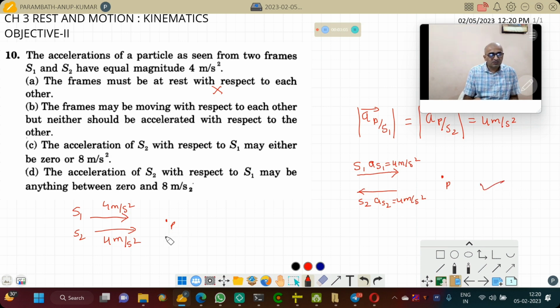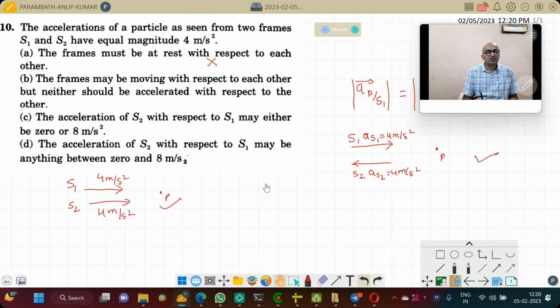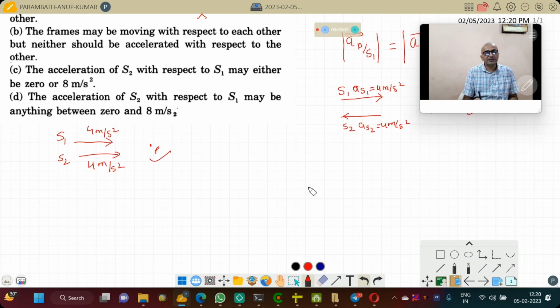And another situation is also possible, which is a little surprising, like this, that P is here, S1 is moving away like this, and S2 is moving away like this. They are moving perpendicular to each other.